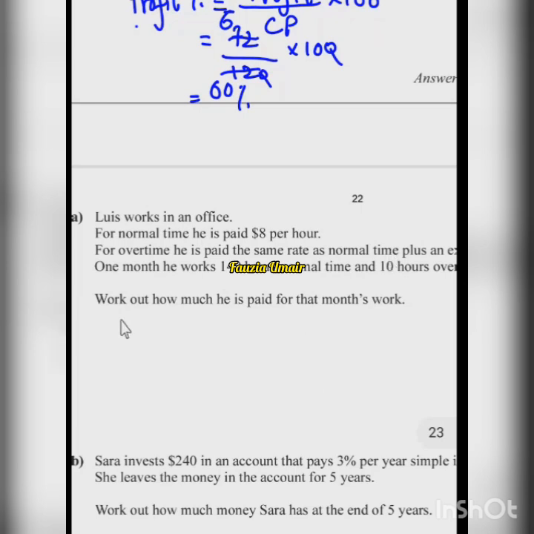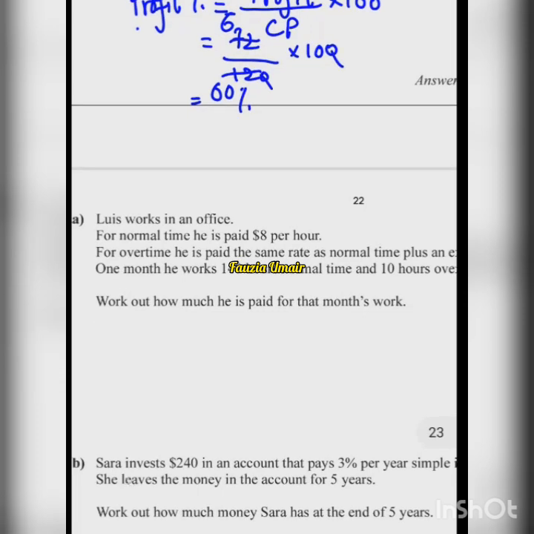So in the first part you need to calculate how much he is paid for that month's work. Okay. So we are having two different types of payment. One is a normal payment and one is payment for extra time, the overtime payment.